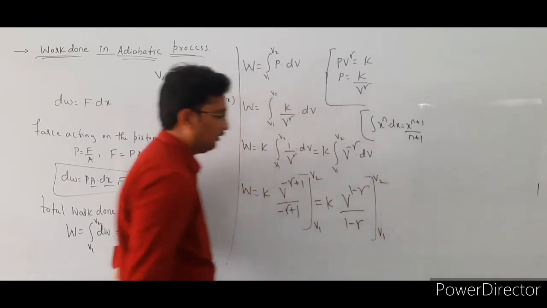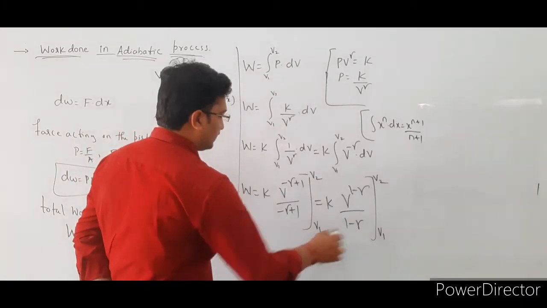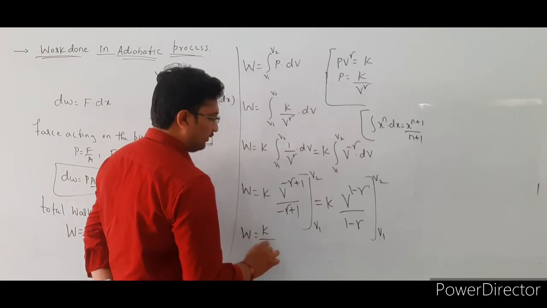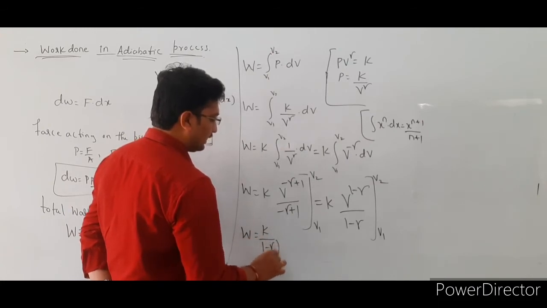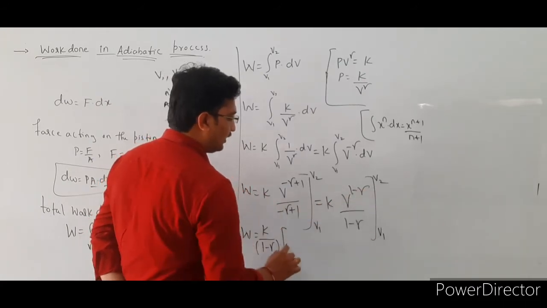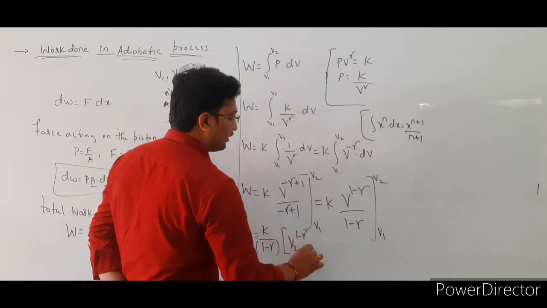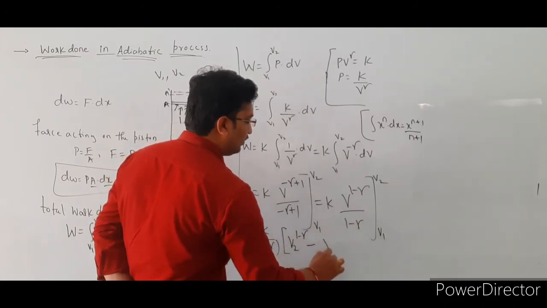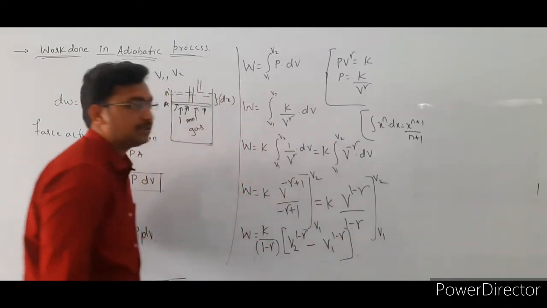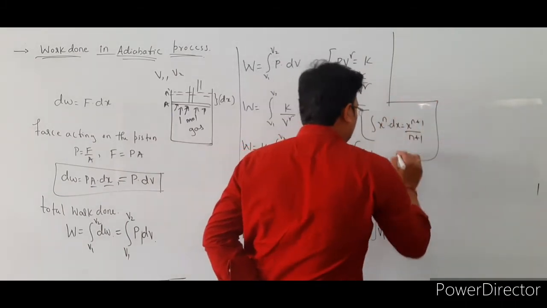Next, take this term common. W is equal to K divided by 1 minus gamma. Then substitute the V value: first the upper bound value, V2 to the power of 1 minus gamma, minus the lower bound value, V1 to the power of 1 minus gamma.